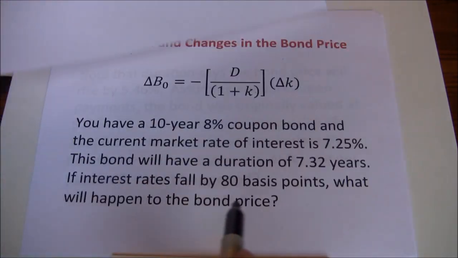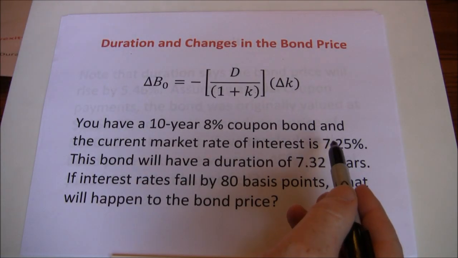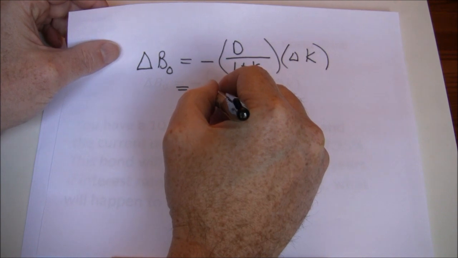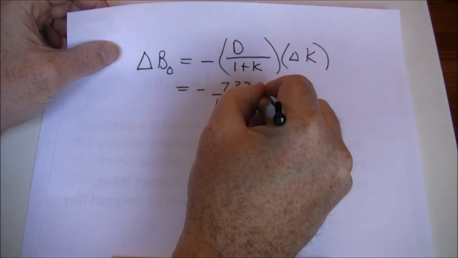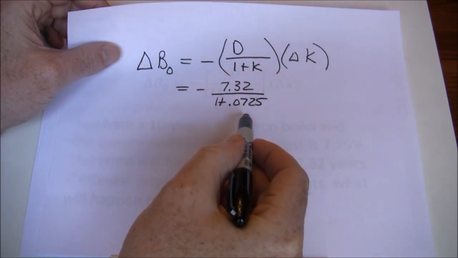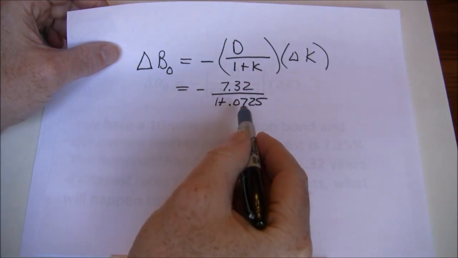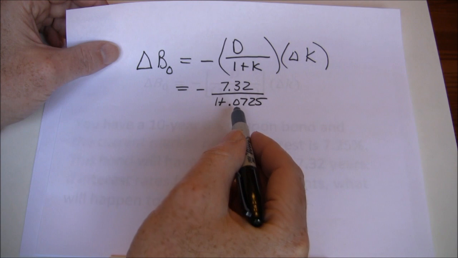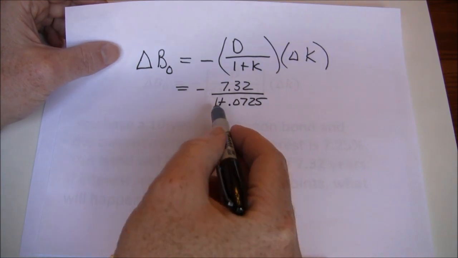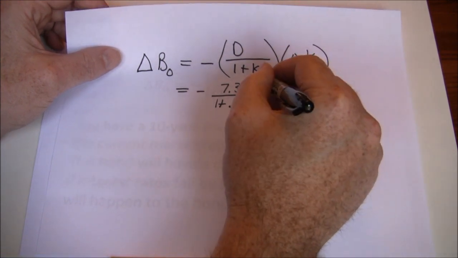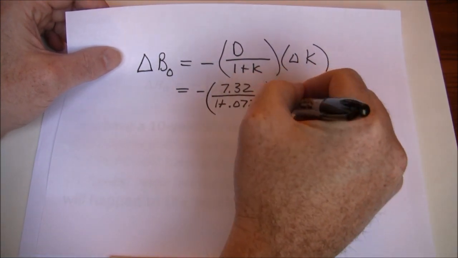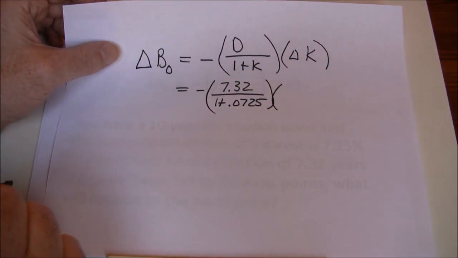Our market rate of interest is 7.25%. And here you want to make sure you plug that in as a decimal. So it's not 1 plus 7.25. We don't want to divide by 8.25. We want to divide by 1.0725. And then by the change in the interest rate.